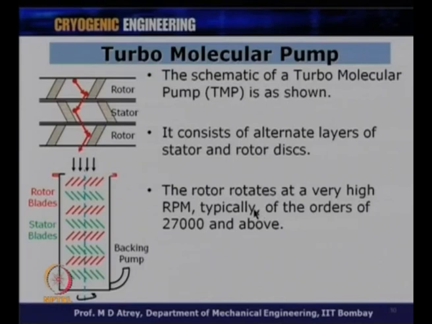Higher the speed, better it is, because as I told you, this is a kinetic category and is a transfer of momentum. Depending on the gas molecular size and the kind of speeds they get, the mass into velocity creates momentum. The typical gases which we use here could be air, nitrogen, helium, and each gas would have its own mass.